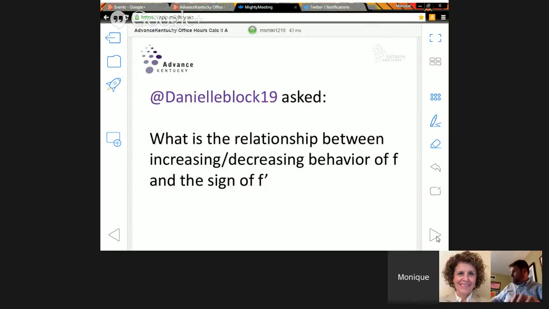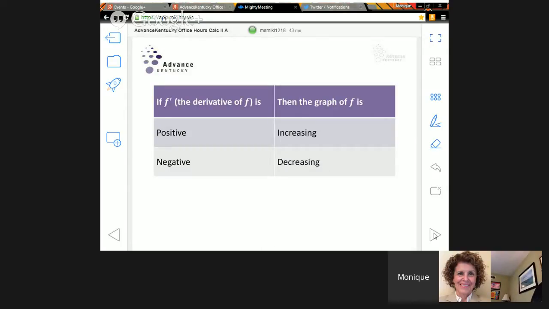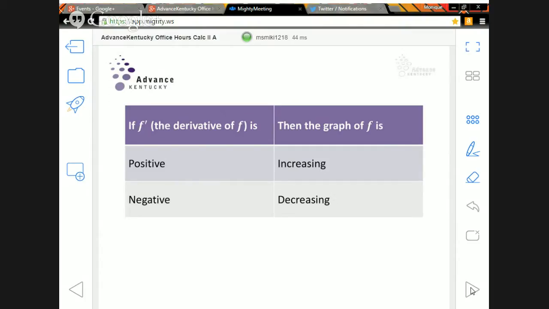Well, the answer to the question is the following. If the derivative is positive, then we know that the graph is increasing. And if the derivative is negative, then we know that the graph is decreasing. For example, when you look at your graph's values, and your graph is doing something like this.